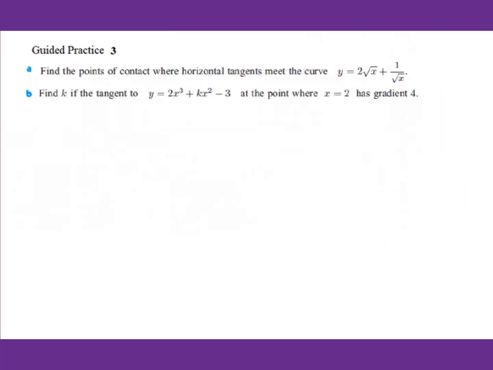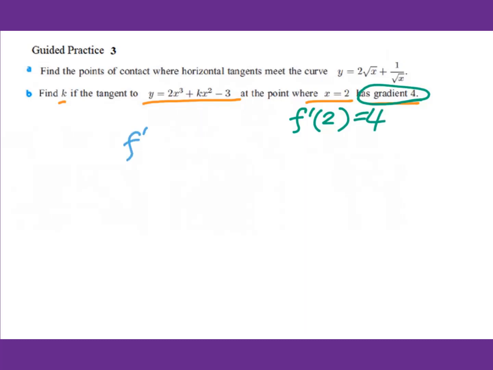Now let's go to B. Find k if the tangent to y equals 2x to the third power plus kx squared minus 3 at the point where x equals 2 has a gradient 4. When you say has a gradient 4, definitely that means derivative of f of 2 equals 4. So first of all, we need to get the derivative of this function. That is 6x squared plus 2kx.